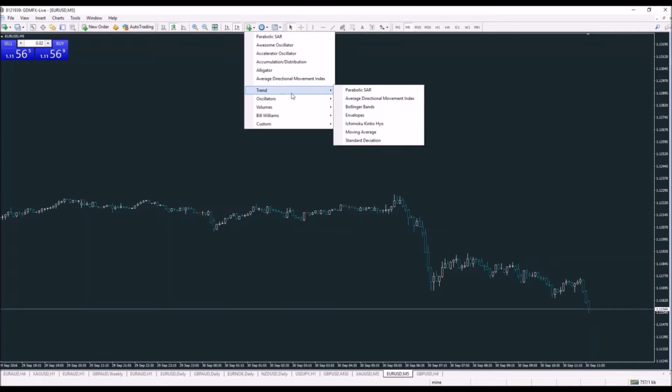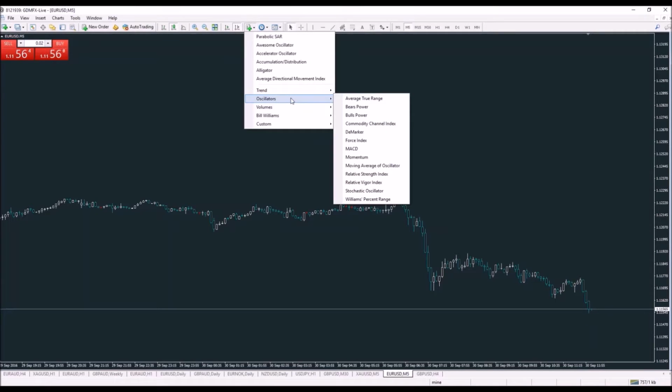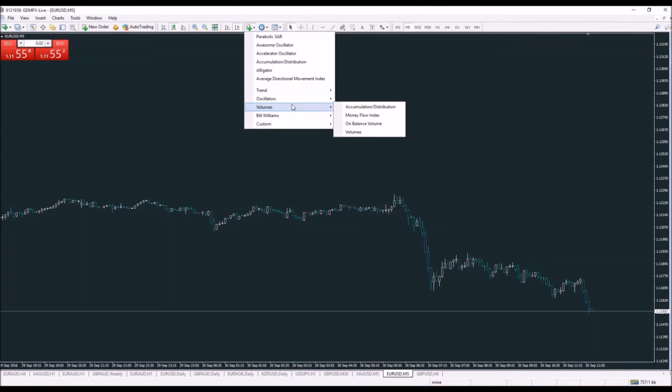Just as an example, the fact that the oscillator is based on volume plus momentum, we have to find it under volumes when you start looking for it.